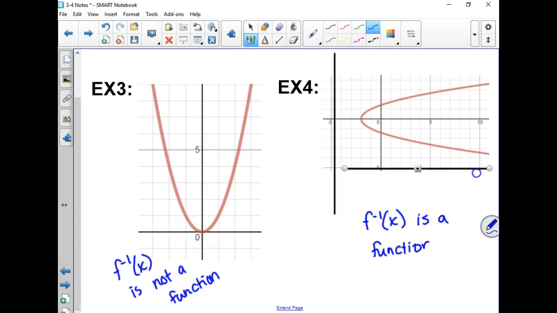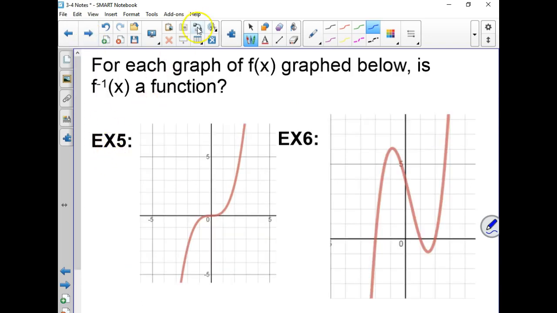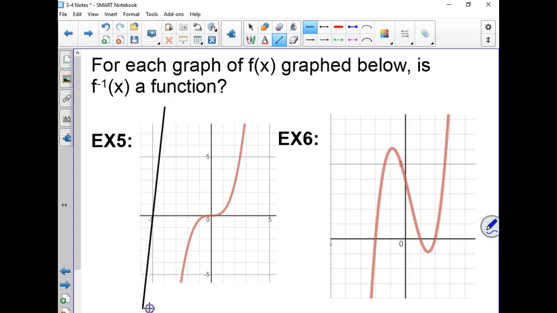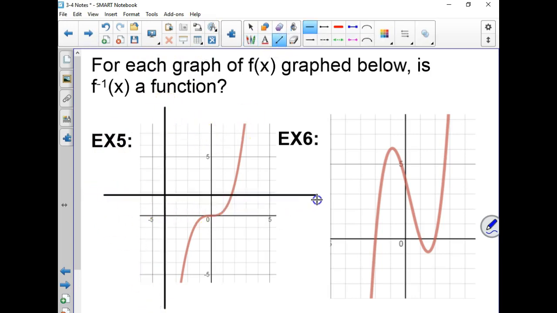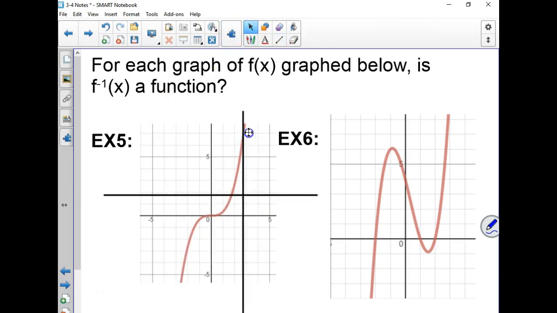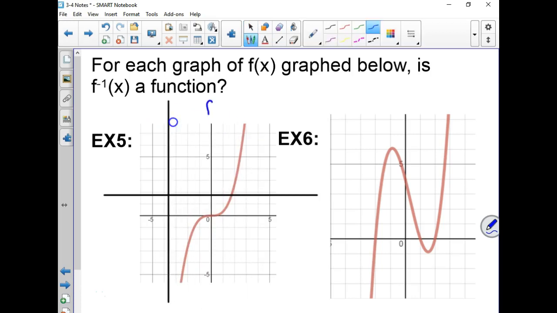So if you have the graph of the original, if it passes the horizontal line test, then its inverse is a function. Okay? So if we look at 5 here, is the original a function? Yes. So I'm just going to do f of x. That's a yes. What about the inverse?